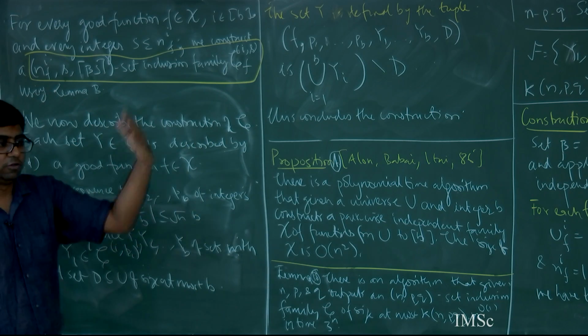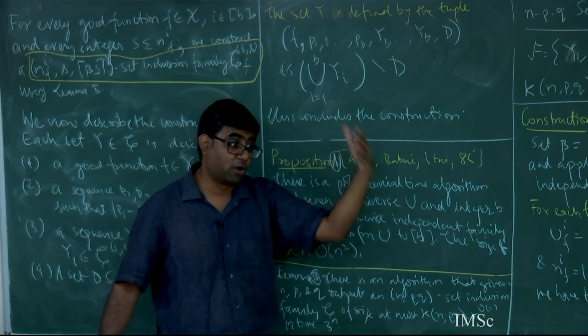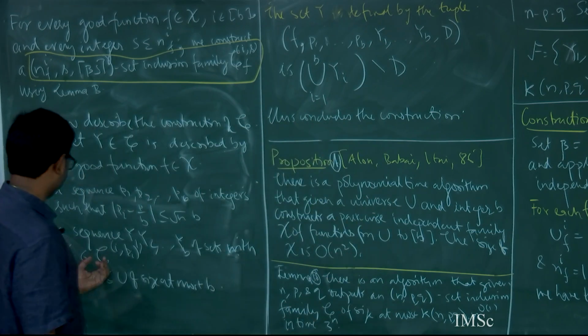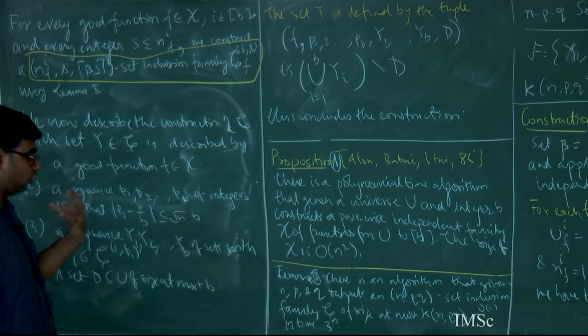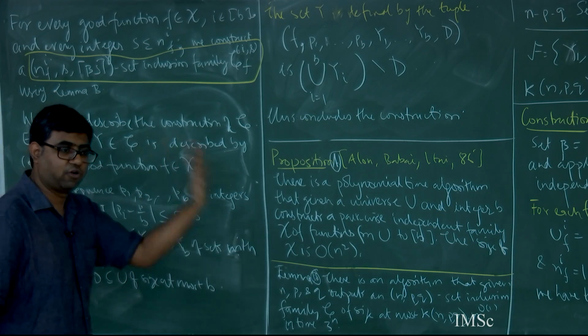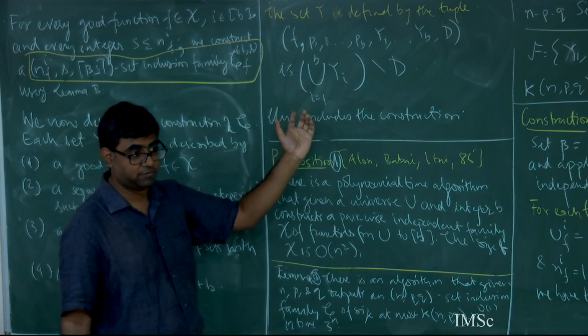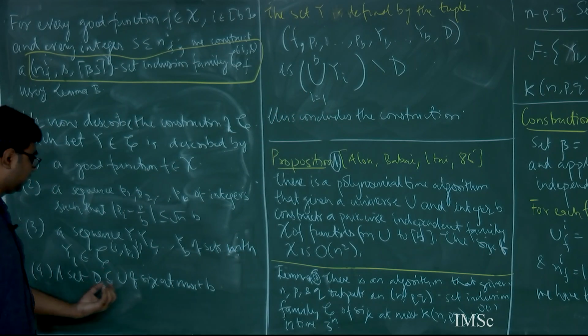So there will be some place where I have fixed it, because I am going over all sets. Y1 to yb is all sets in the first coordinate times all the sets in the second coordinate, so it's a tuple. We'll see how many we created, and D is of size at most B.